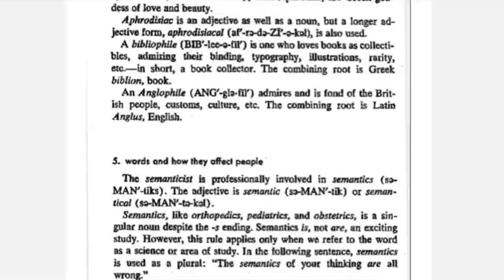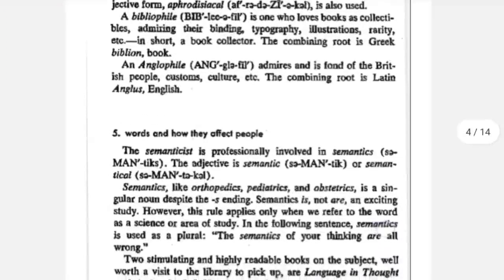So a bibliophile is someone who loves books. The next word is anglophile, which has the roots Anglo, which means English, plus phile, which means love. So someone who admires or is fond of British people, their customs and their culture.